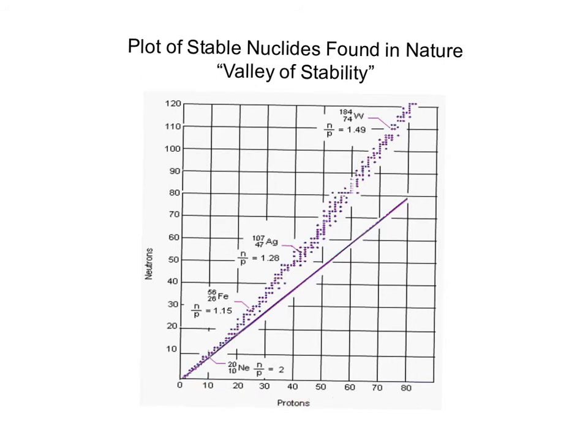Okay. Then you can see, sorry, back up there. All right, so you can see this solid line here. This is the line of slope equals 1. So this is 40 protons and 40 neutrons, 70 protons, 70 neutrons. It's just a line on the graph.